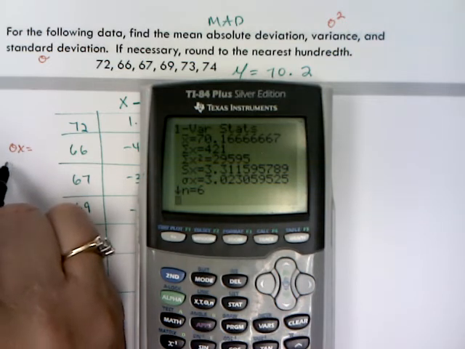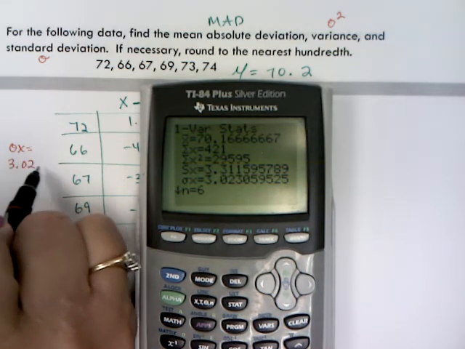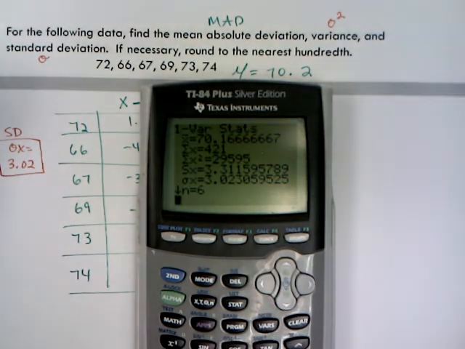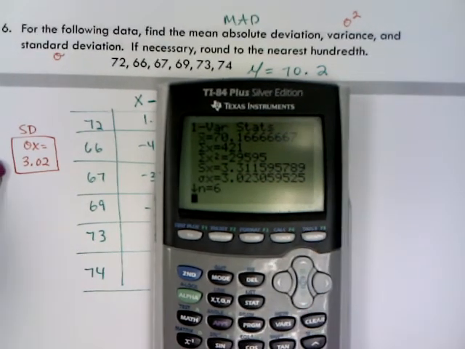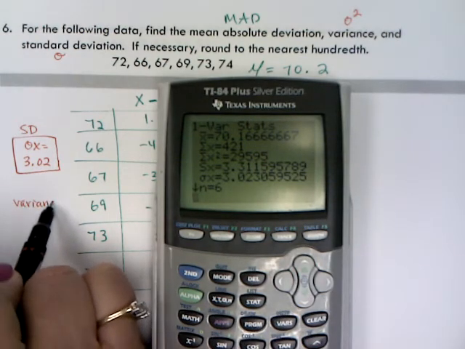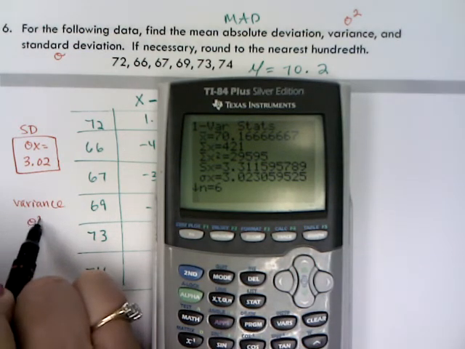So my standard deviation should be 3.02 rounded on my calculator. Then, if I want to quickly find my variance, variance is σ squared.